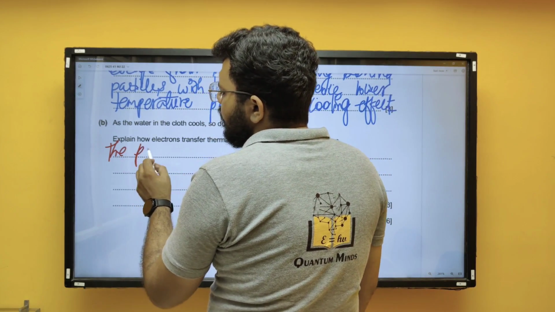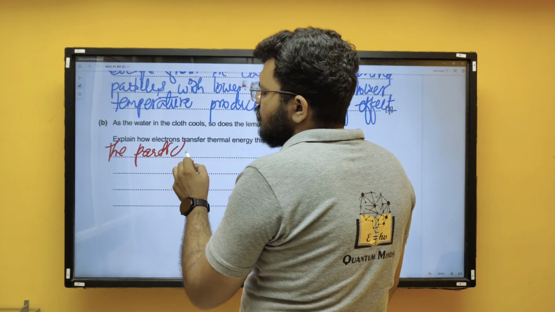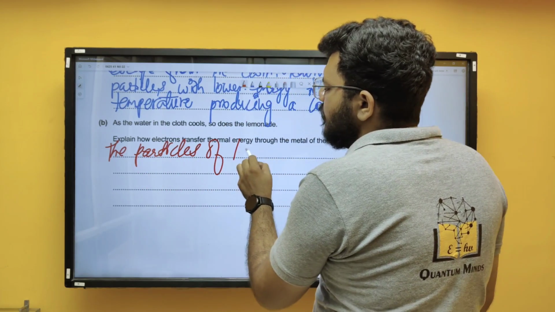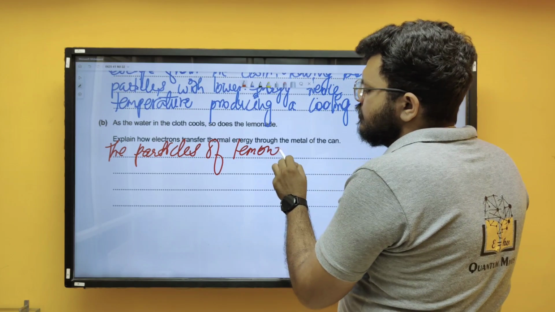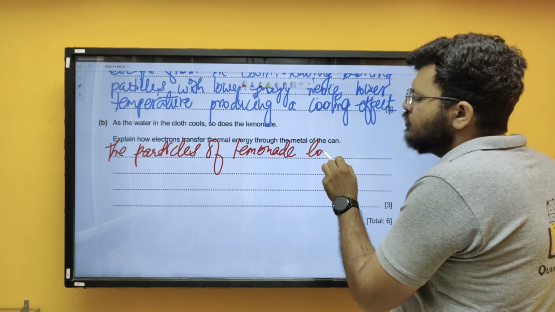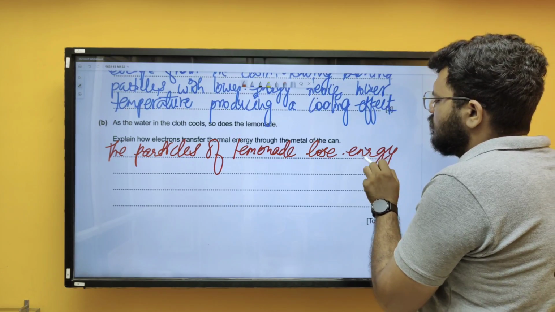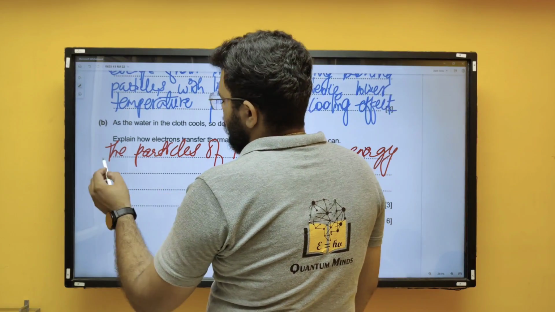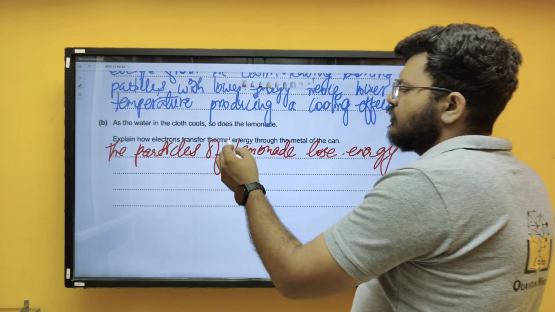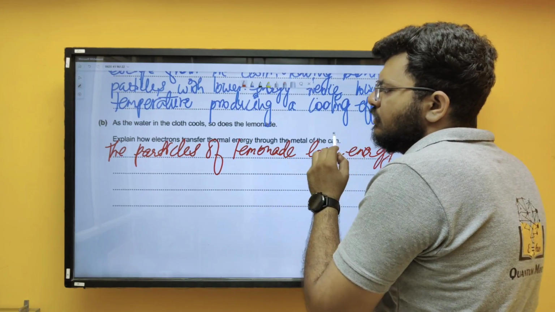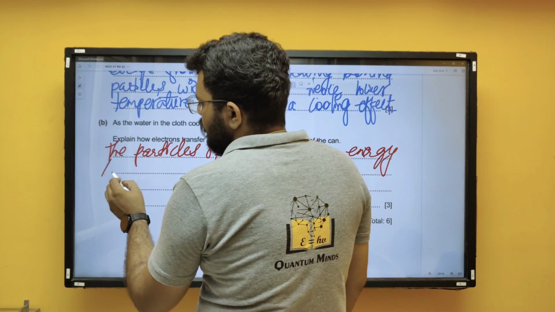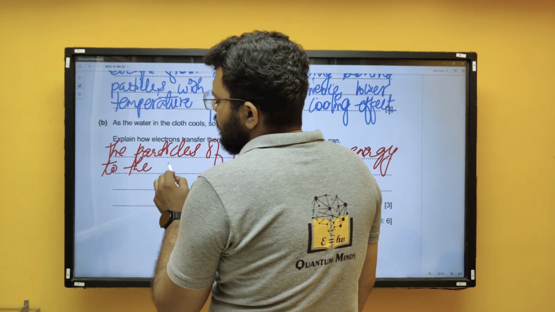The particles of lemonade lose energy to the tin can, right?